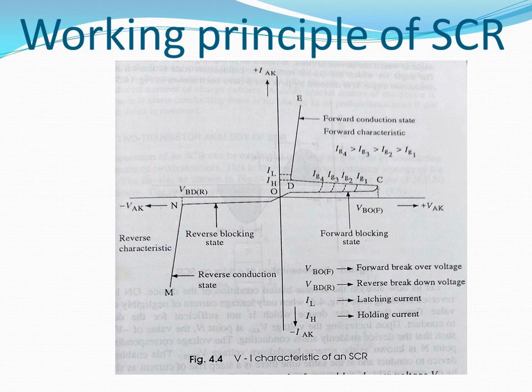Considering the case of forward biased, when the voltage is increased, the width of the depletion layer at the junction J2 will decrease. Why is it so? Because the width of the depletion layer is inversely proportional to the voltage.